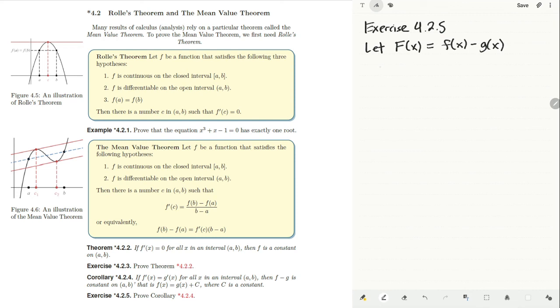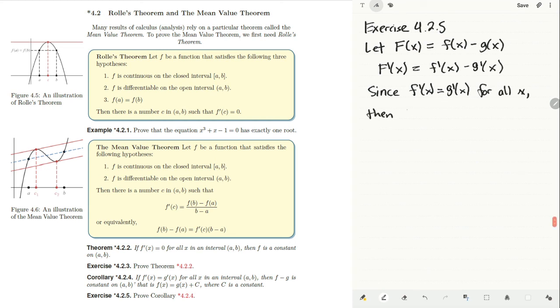So now let's find the derivative. So F prime of x is equal to little f prime of x minus g prime of x. And since f prime is equal to g prime of x for all x, then we know that F prime of x is equal to 0 for all x.